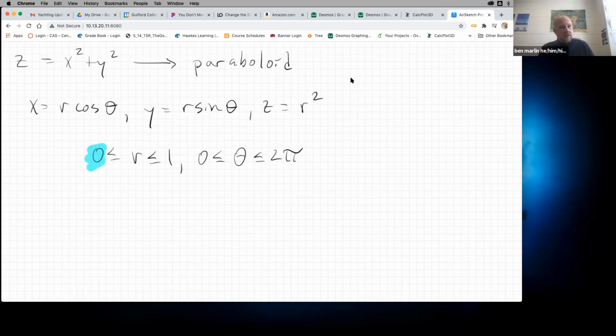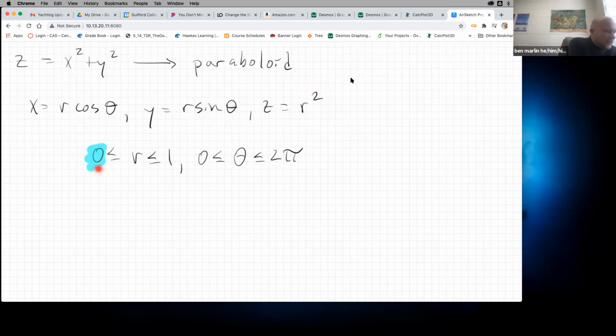And you might have to go ahead and complete the square or something so that everything fits together nicely. But then this x squared plus y squared suggests the idea of r cosine theta for x and r sine theta for y. And then you can solve for your z and get the r squared there.